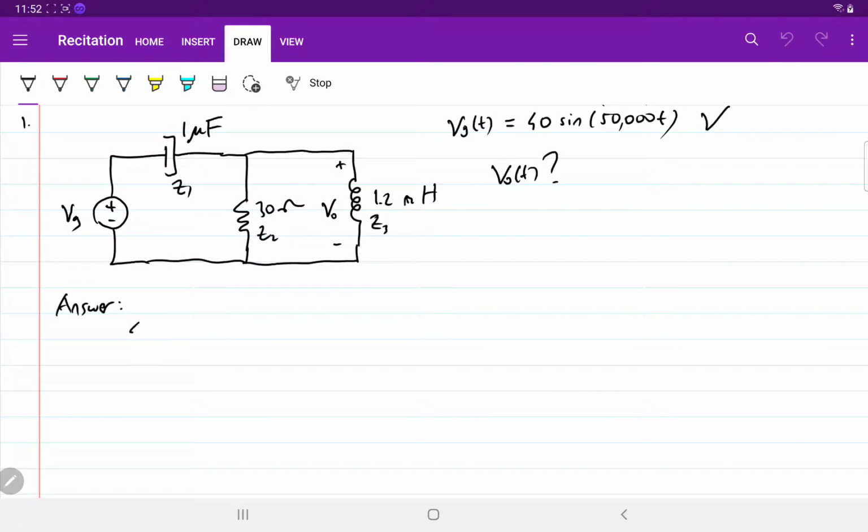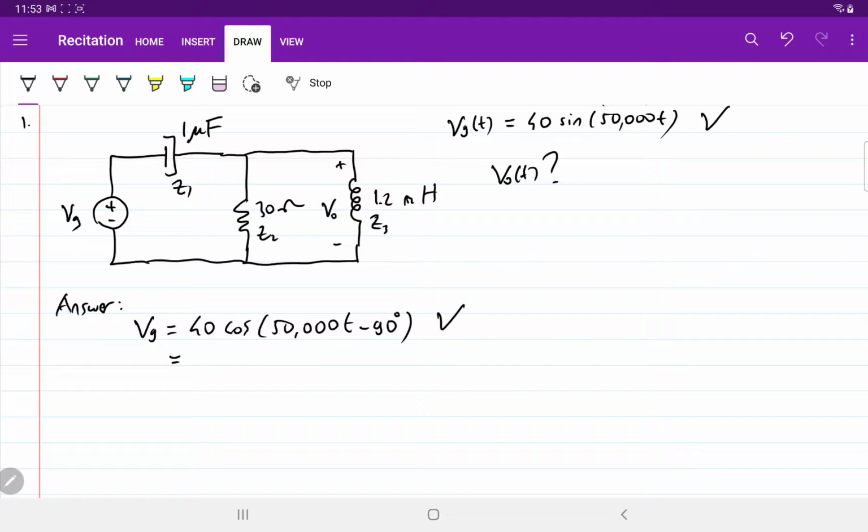So first, let's find out what is Vg. Vg is 40 sine, but our convention is not using sine but cosine. So let's express Vg using cosine function instead of sine. So 40 cosine omega t, still 50,000 t, but since we have cosine here, we have an additional minus 90 degree there, and they're the same.